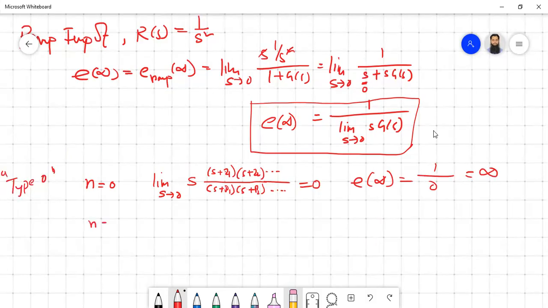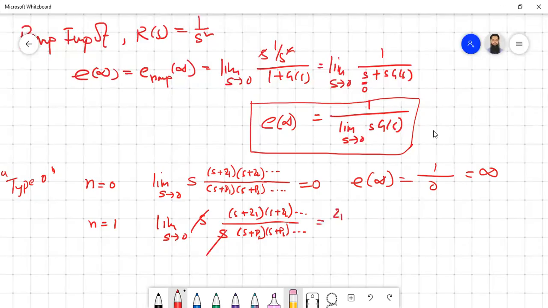Now for type 1 system, n equal to 1, then limit s tends to 0, s, now we have 1 pole at the origin. s plus z1, s plus z2 goes on, then s plus p1, s plus p2 goes on. Now as you can see, this one is getting cancelled out.